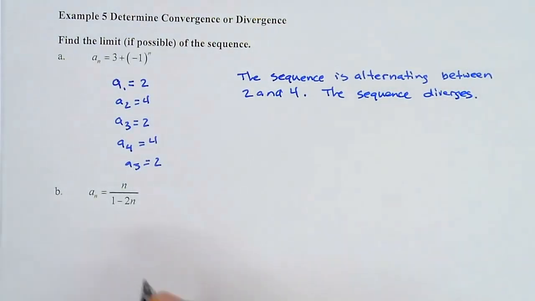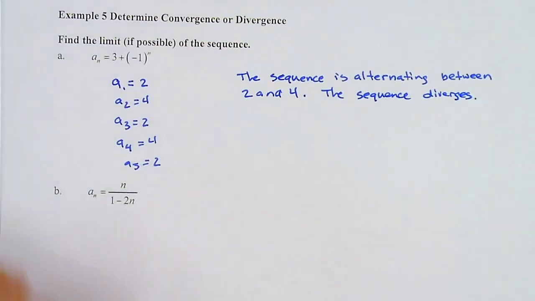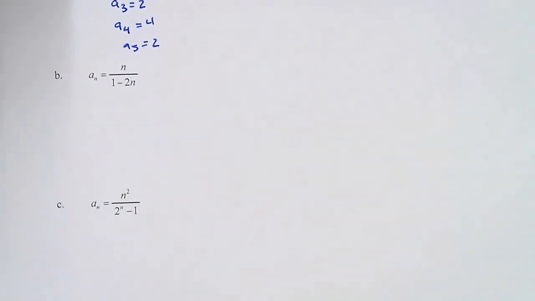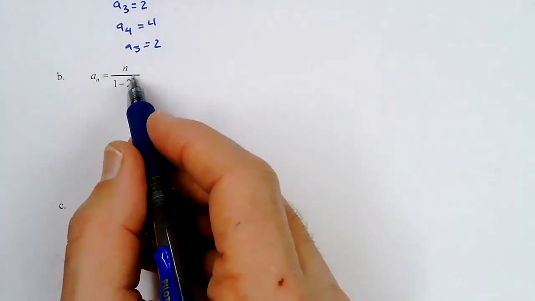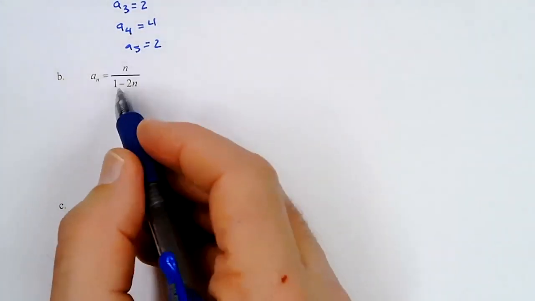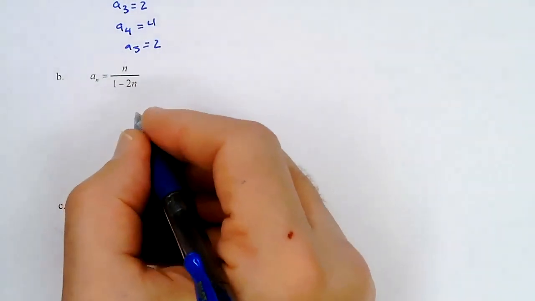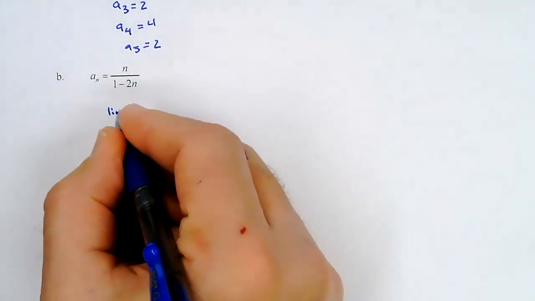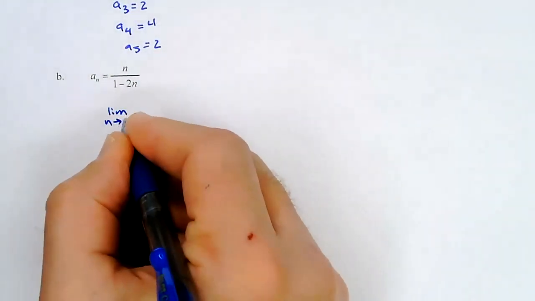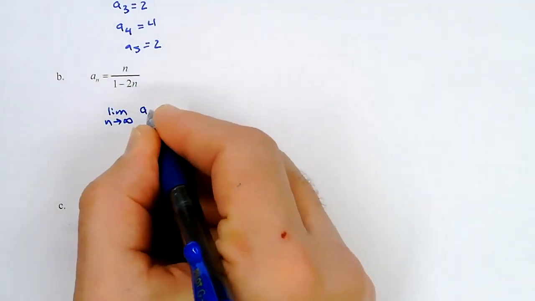Okay, so for this next one, let me slide this up a little bit. Let's take a look at this one, because it wasn't doing something like this, right? So let's try to find the limit as n approaches infinity of a sub n.